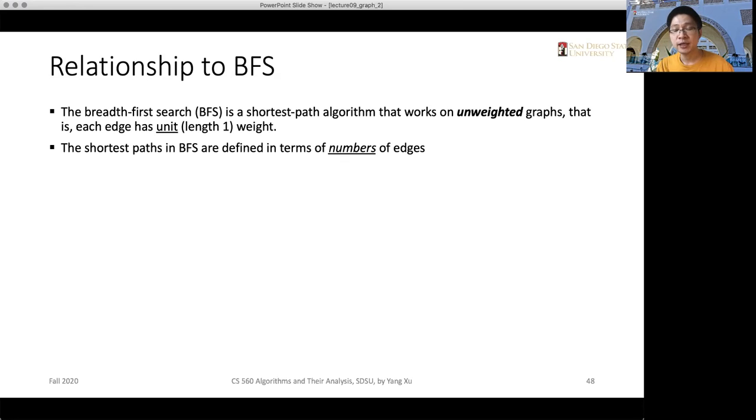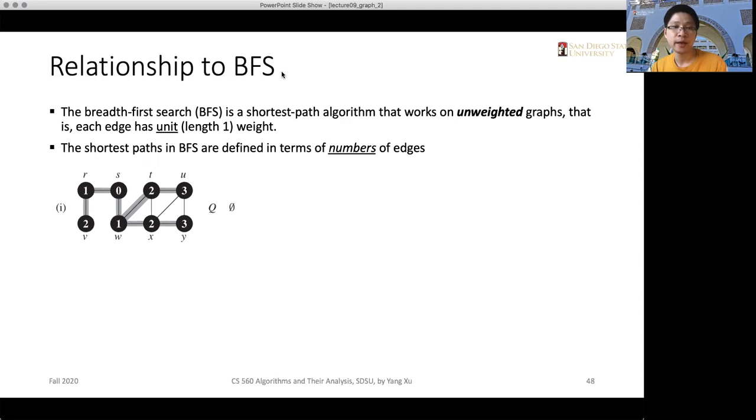If you go to the previous lecture's slides, you will find that the shortest path in BFS is defined in a different way. It's defined by the number of edges, not the total weight, not the summation of weights. So the shortest path from S to T is represented by the number 2 here because there are two edges between S and T. This is a very clear difference.